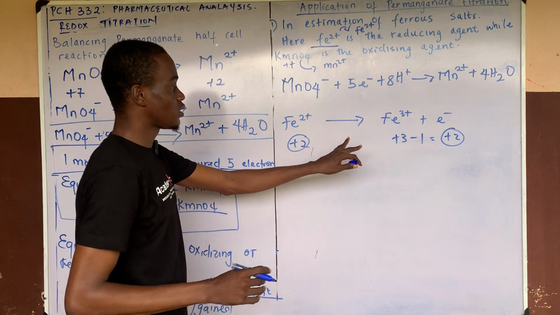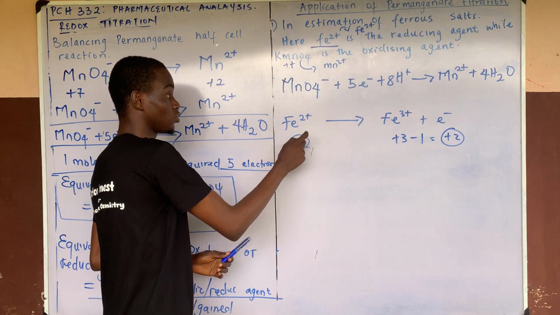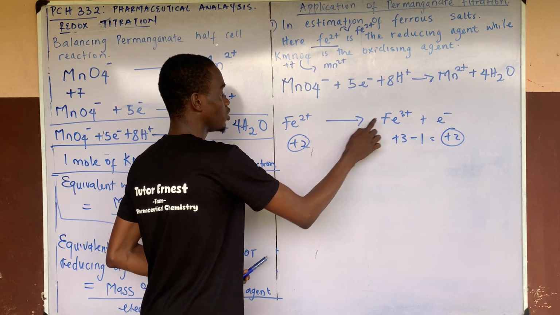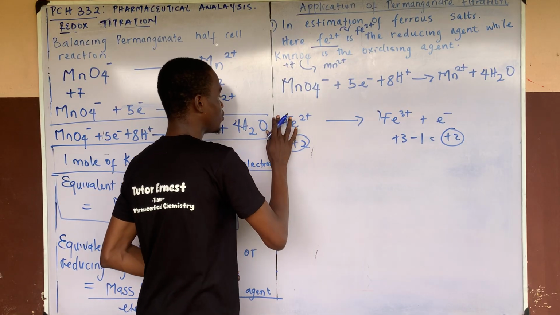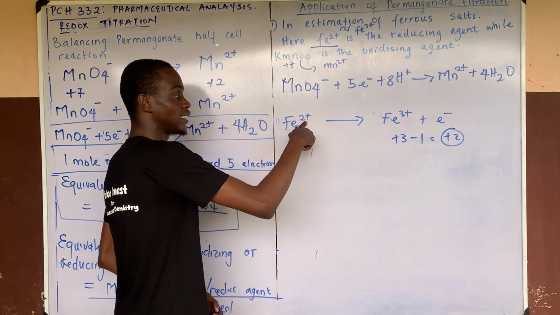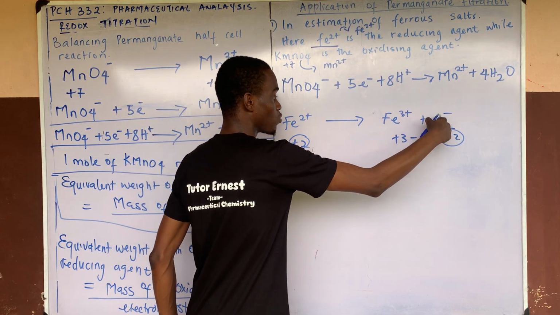So this reaction is balanced. This is the half cell reaction for the ferrous titration.